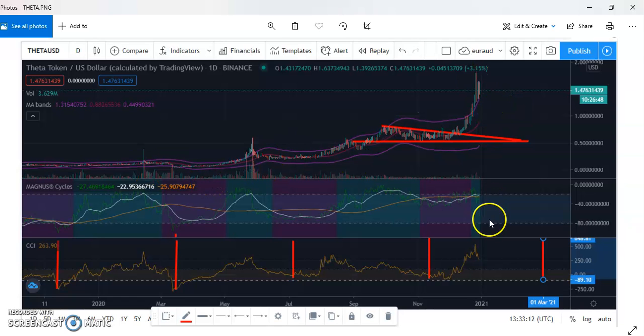So now, if we are in the ascending phase of the Gauss curve for the current cycle, we cannot expect to see Theta breaking below the 0.50 US dollar.